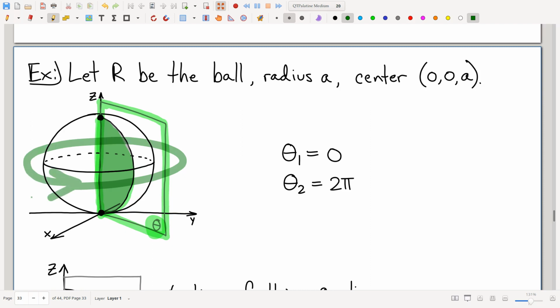Is everybody seeing the geometry, by the way? It's so very important to use your geometric intuition to visualize what these slices look like and to see from the picture how far around, in this case all the way around, that they go. Okay. All right, so got our theta bounds.